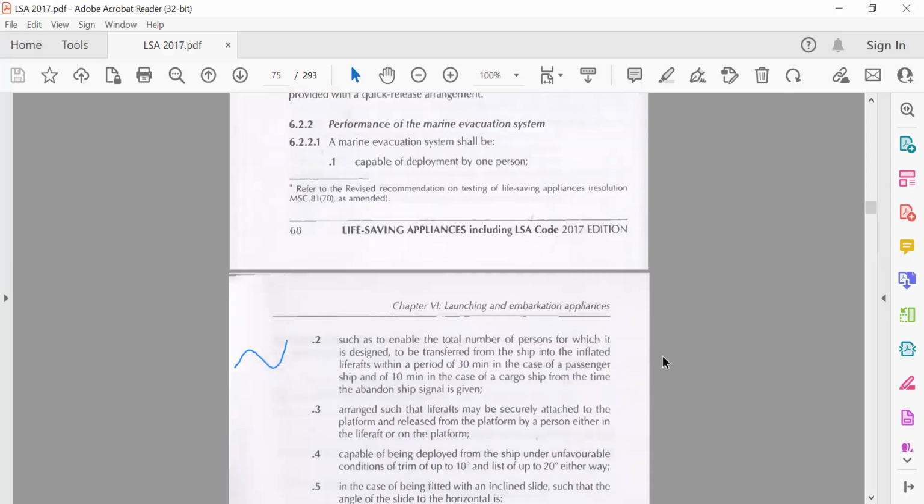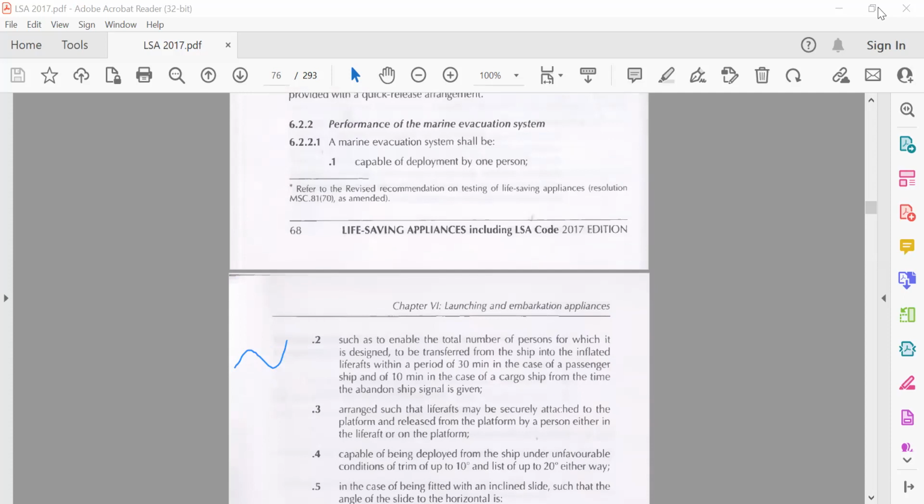Okay, going to this 6.2.2, the performance of the marine evacuation system. You see, it continues with the minimum requirements that this marine evacuation system should be able to have.